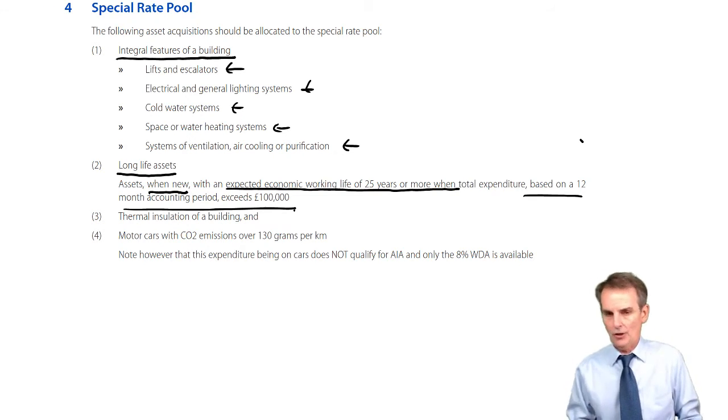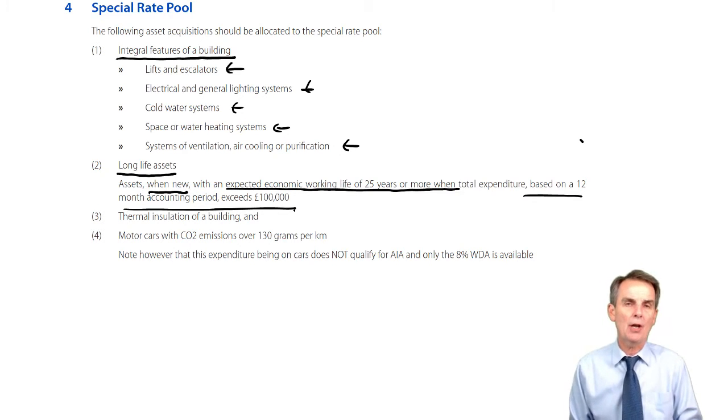So a question, a little planning issue could be that the business, you've been told, wants advice on the purchase of 2 specialised items of plant and machinery. These 2 items each have an estimated working life of 30 years from when new. That immediately tells you these are long life.